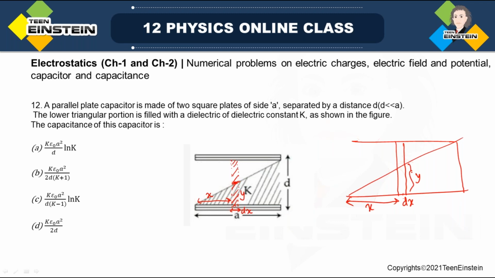We can use the properties of similar triangles. Then we can write y by x is equal to d by a. So from here we can find out y, or if you want, you can find out x also.